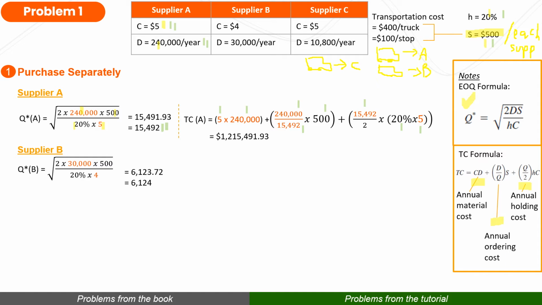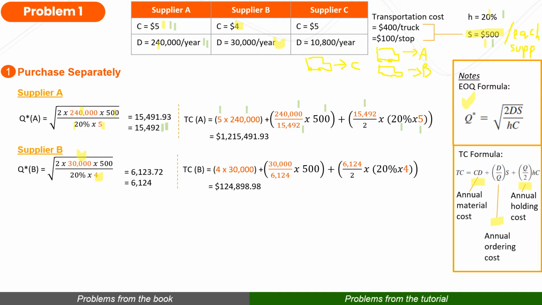And then for the supplier B, also the same. We compute the Q star first. The formula is the same. The only difference is the numbers in the annual demand and the cost from the supplier B. So the Q star from supplier B is 6,124. And then for the total cost from supplier B, the formula is also the same.